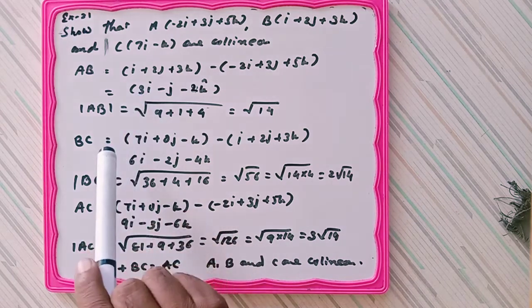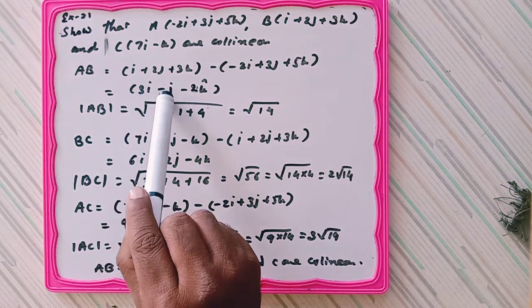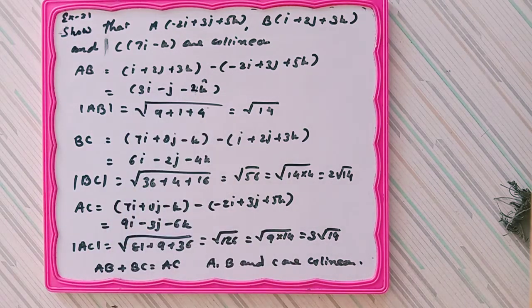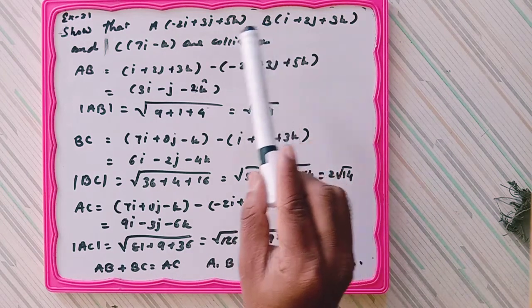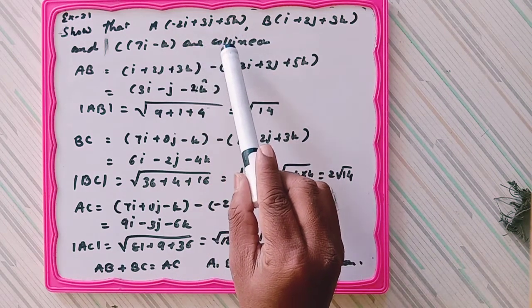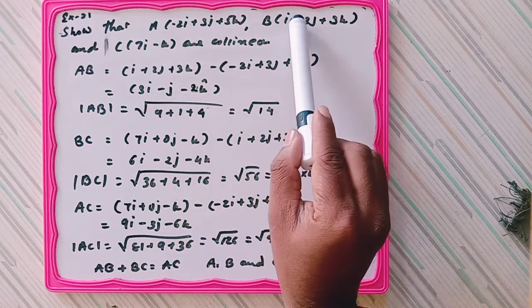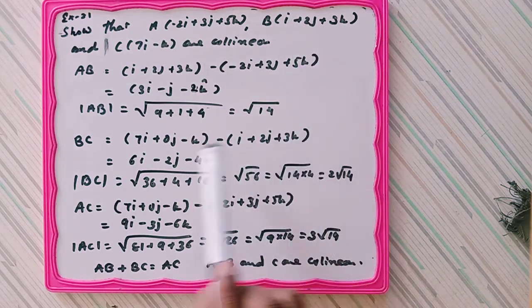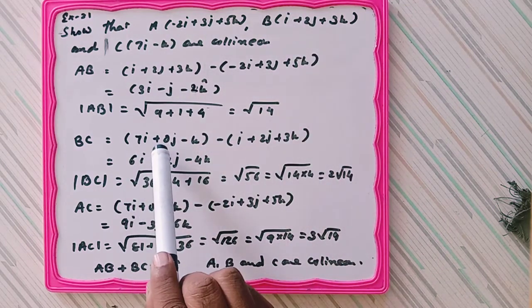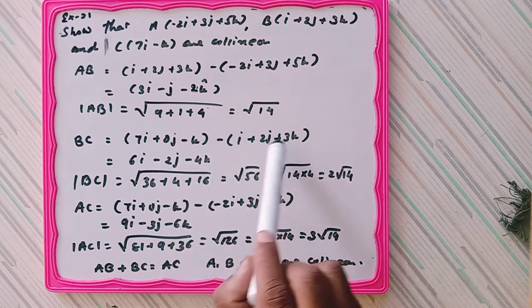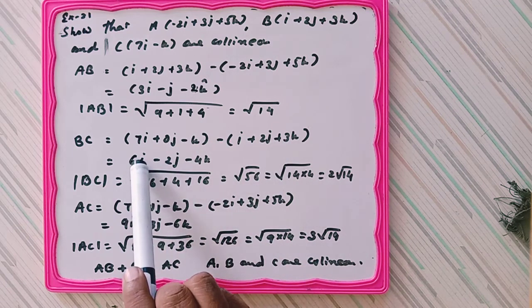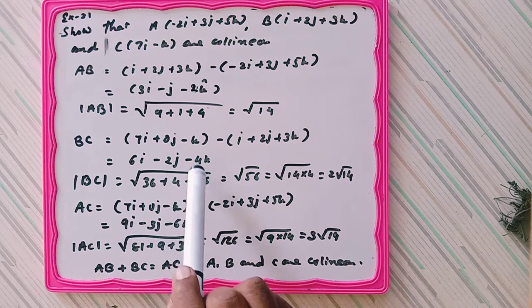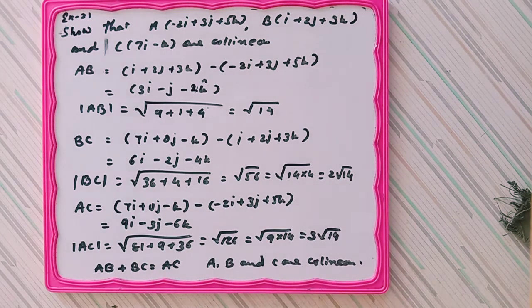Its magnitude is 1 plus 1 plus 4, so root 6. Now for BC, 7i minus k minus (i plus 2j plus 3k) gives 6i minus 2j minus 4k, so its magnitude is root of 36 plus 4 plus 16, which is root 56, so 2 root 14.